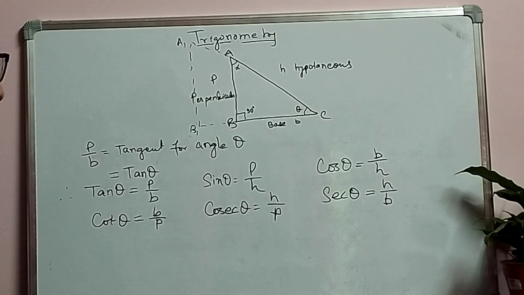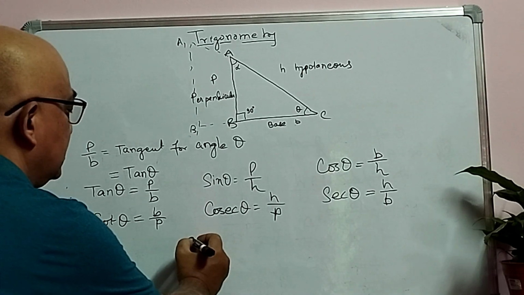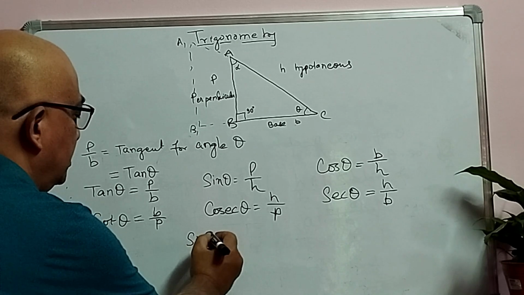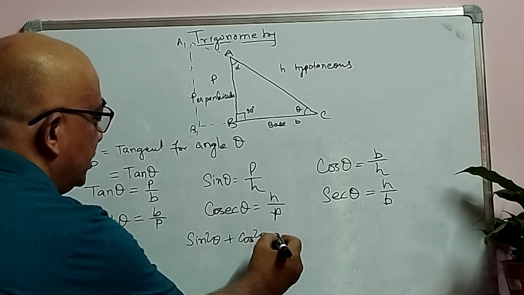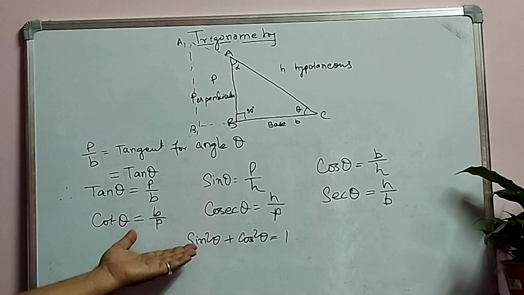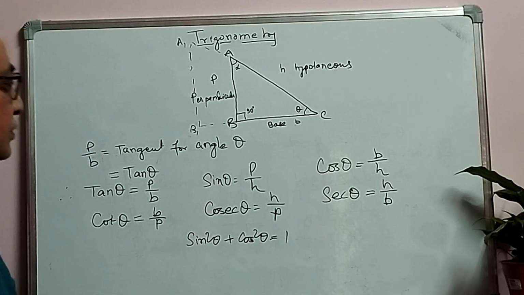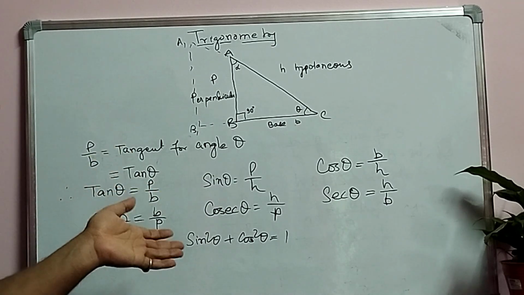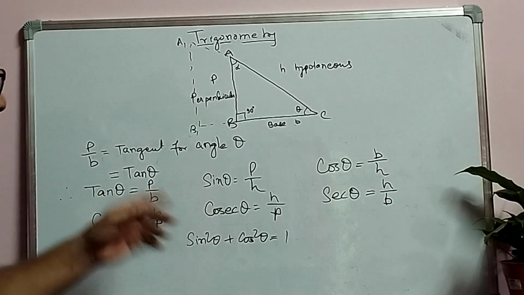For example, later on, many of you know also that sine square theta plus cos square theta equals 1. Later on, we'll learn about this expression. But what I'm going to tell you is that everything we learn later on is about this ratio.